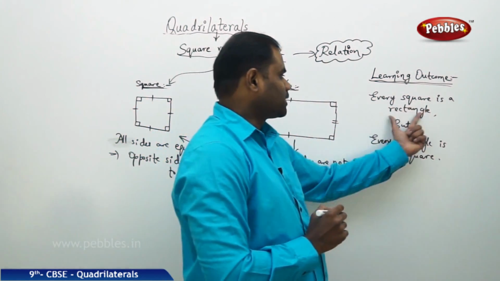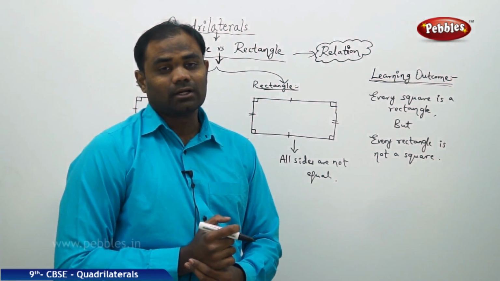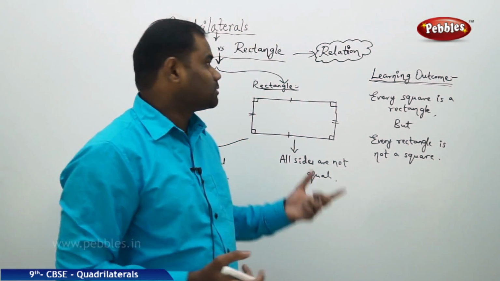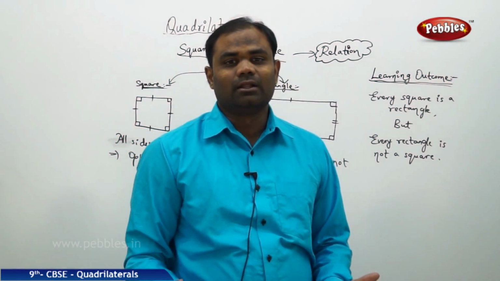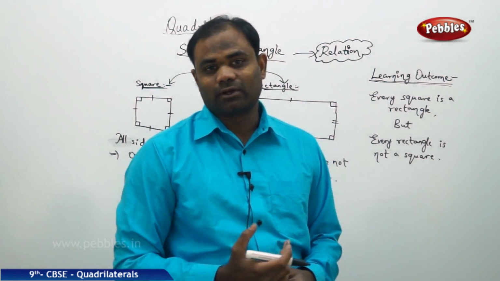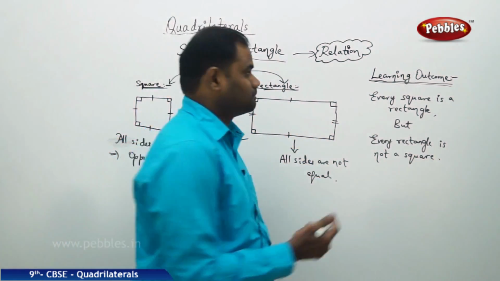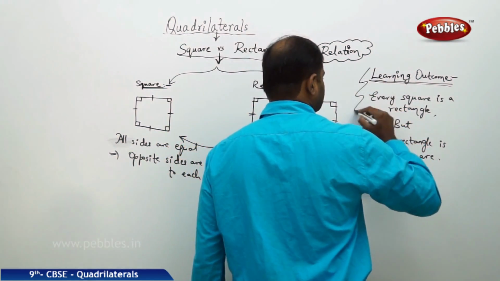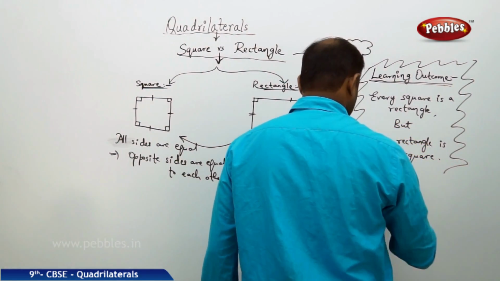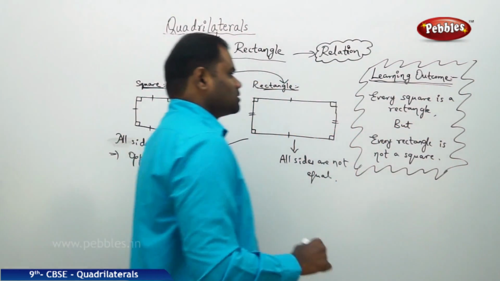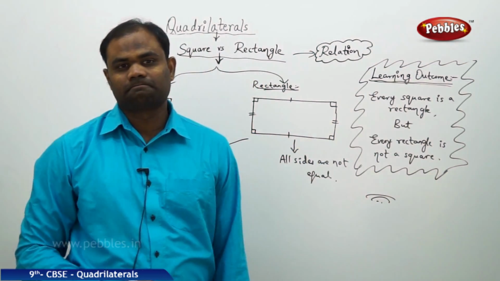Every square is a rectangle, but every rectangle is not a square, is the learning outcome, which makes me connect between understanding of a square and understanding of a rectangle as the special cases of a quadrilateral. Connecting square and rectangle. Is how I connect a square and a rectangle.